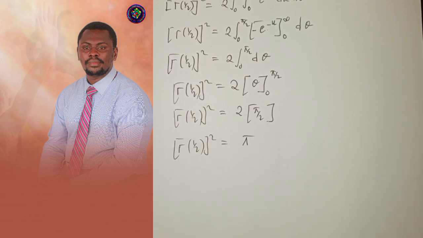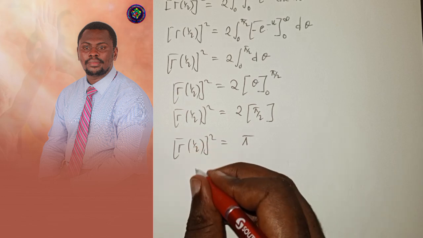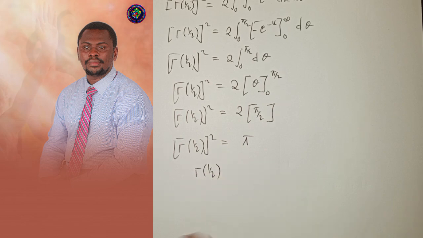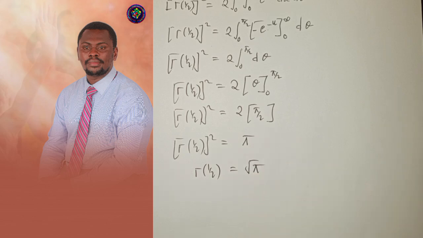Okay, what we are looking for is gamma of 1 over 2. So here we have gamma of 1 over 2 squared. So to get rid of squared, we are going to introduce the square root to both sides of the equation. If you introduce a square root here, it will be gamma of 1 over 2. So the square root will cancel out the power 2 is equal to, in this side, square root of pi.